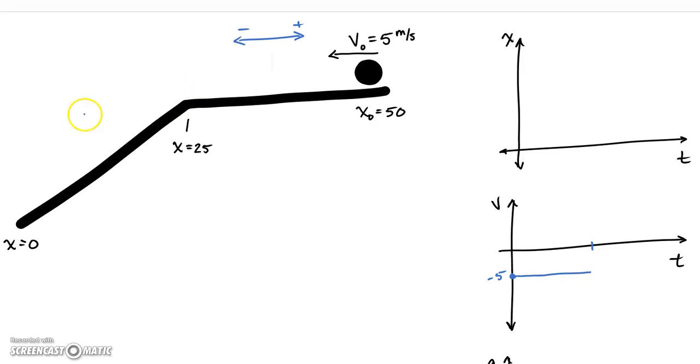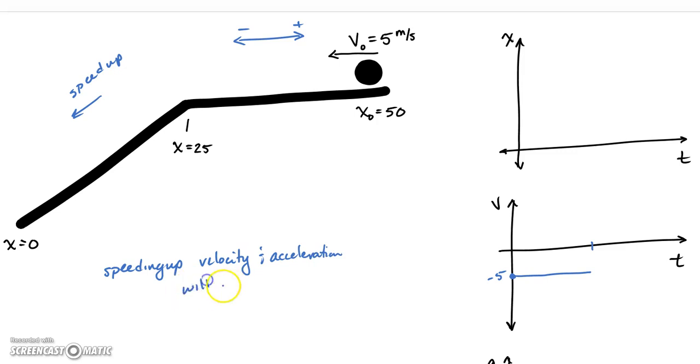But at this point, we're going to go down the hill. And as we go down hills, we tend to speed up. Now, if we're speeding up, there's some things we should understand. If we are speeding up, then our velocity and our acceleration will have the same direction.